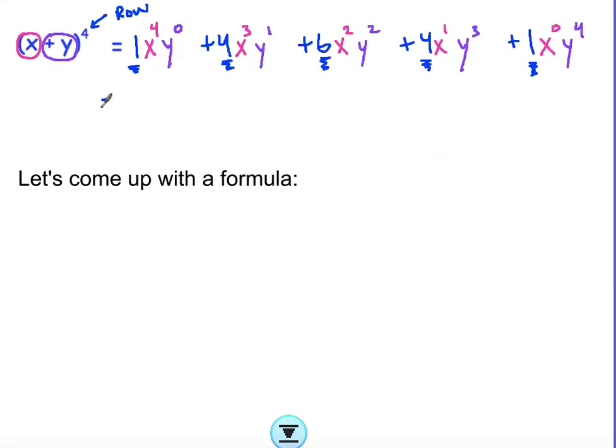So 1 is equal to 4 choose 0. And then this 4 is equal to 4 choose 1. And the 6 is equal to 4 choose 2. And this 4 is equal to 4 choose 3. And this 1 is equal to 4 choose 4.